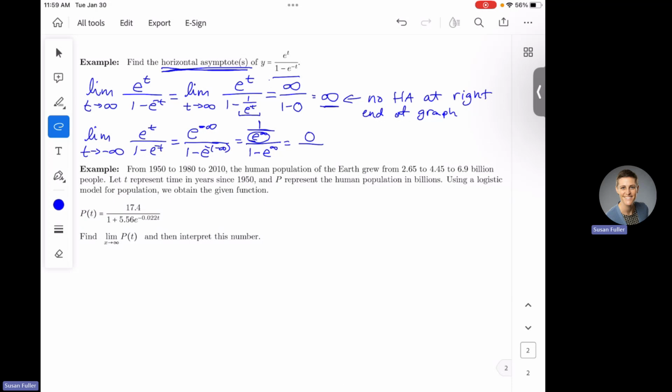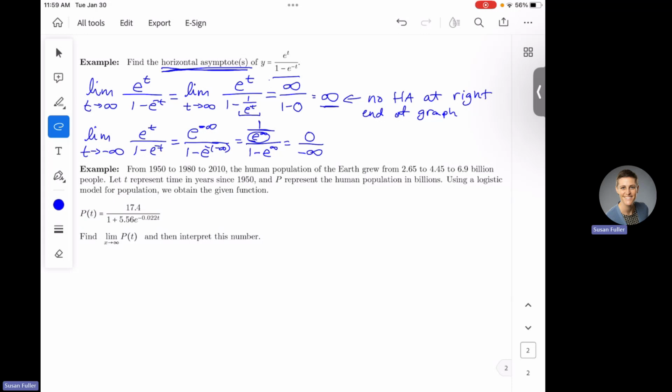And on the bottom, I have 1 minus e to the infinity. Again, e to bigger and bigger numbers becomes bigger and bigger. 1 minus bigger and bigger numbers becomes a huge negative number.